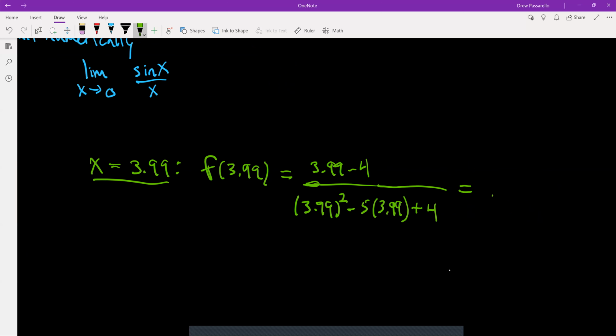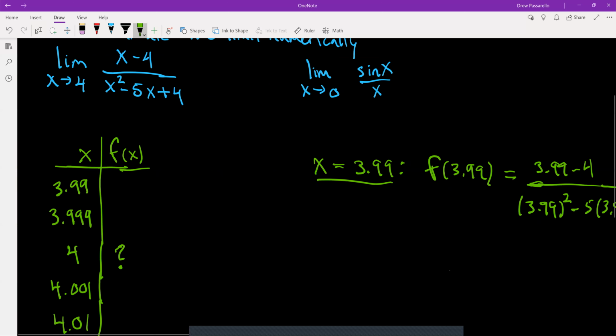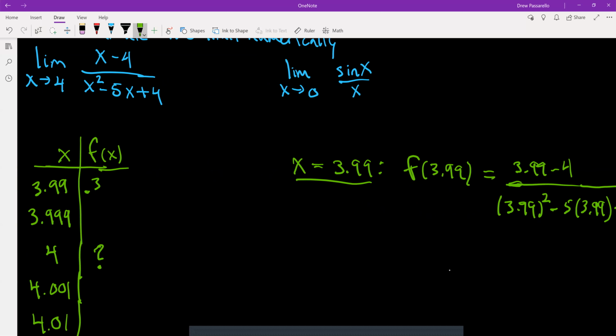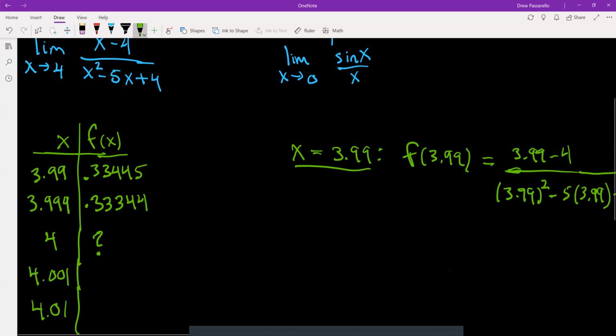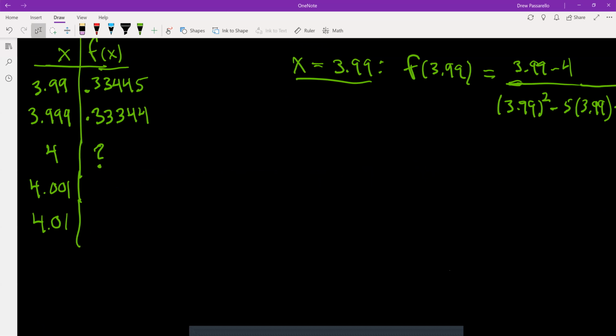After you calculate this, you get 0.33445, and I just stopped there. Then you do the same thing for the next one. You plug in 3.999 instead, and you'll get 0.33344.